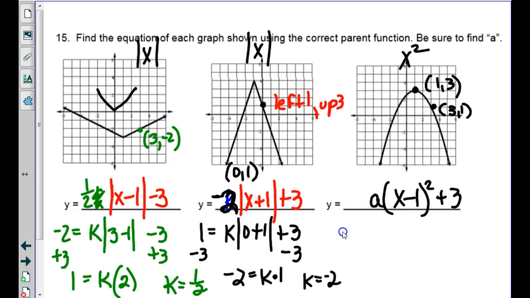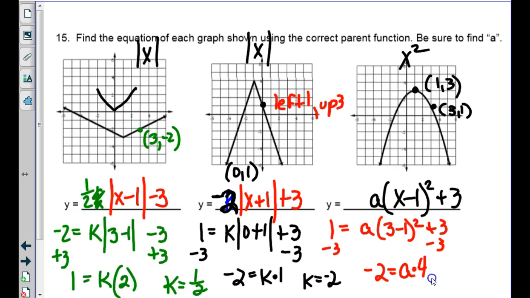So if I put that in, I'll have 1 equals A times 3 minus 1 squared plus 3. Subtract that guy. This is 2 squared would be 4. So then if I divide, I get -1/2. Does it make sense? It's going down?